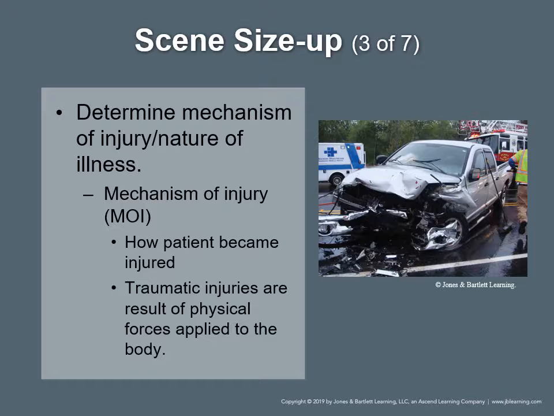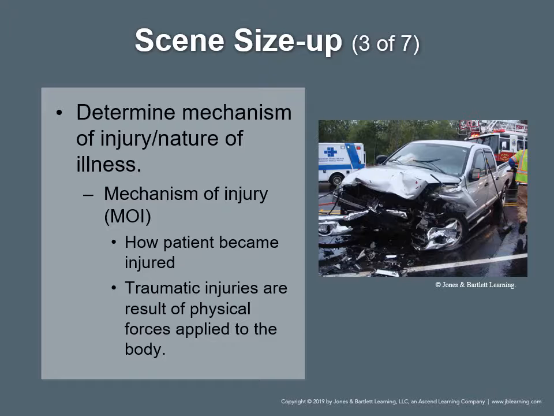The nature of illness basically is for medical patients, what they're complaining of, and likely be the things that you're assessing for, like a chest pain patient or a respiratory patient or a diabetic patient. All right, so sometimes people are not just one or the other.